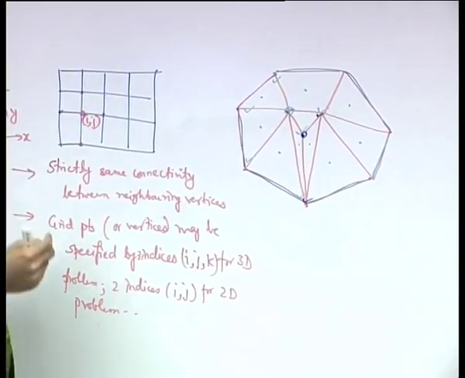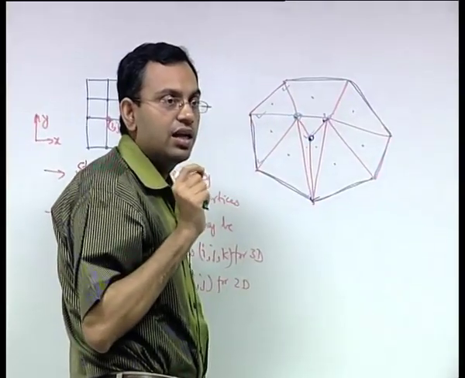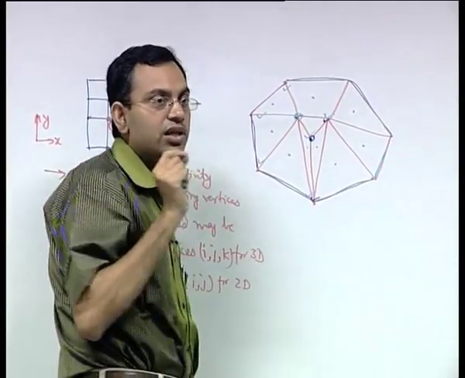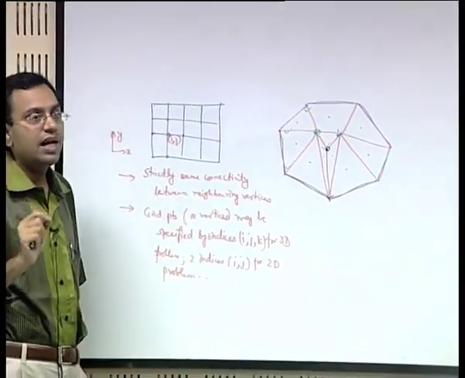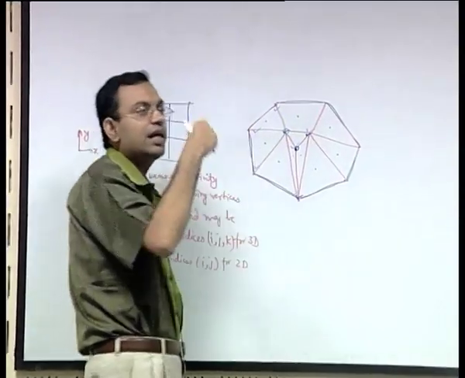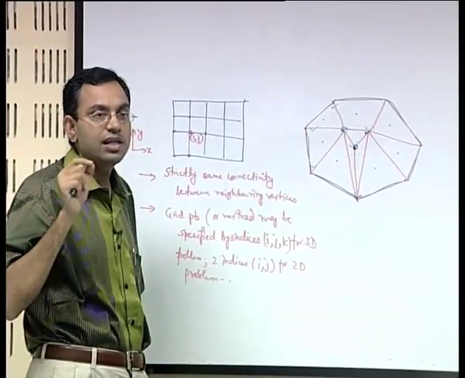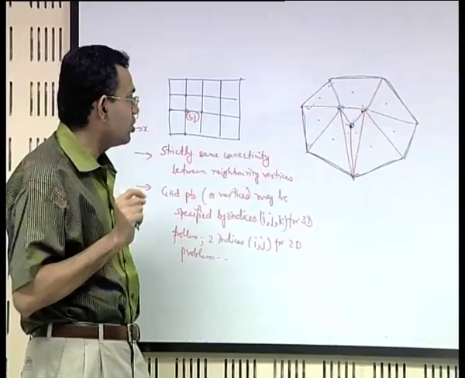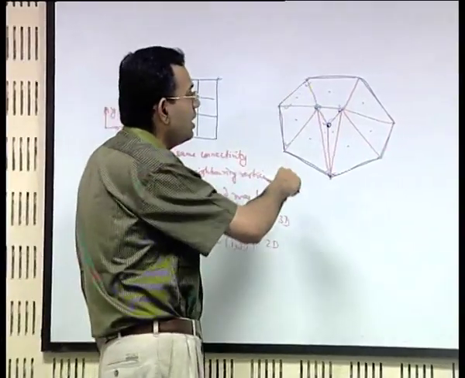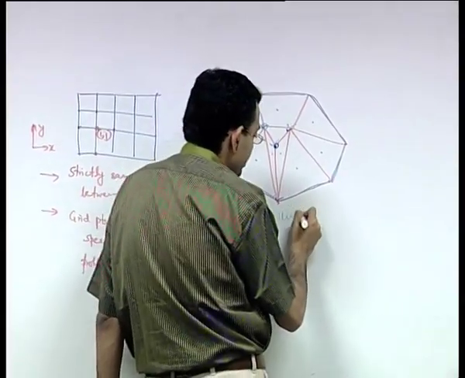So, that means you cannot use the structured indices i, j, k to specify the location of a particular grid point. It has to be specified by a single number with some other connectivities amplifying that number, but not by indices i, j, k like that. So, this type of layout of grids is known as unstructured grids.